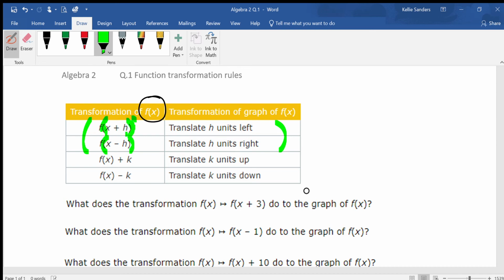So see the parentheses and see the H, okay? The H is how much it's going to go left or right. If the H, or the number, is inside the parentheses, then it is with the parent. And if it's with the parent, then you are going to do the opposite of what the parent says. Okay? One more thing. If it's with the parent, if it's inside the parentheses, it's always either going to go left or it's always going to go right.